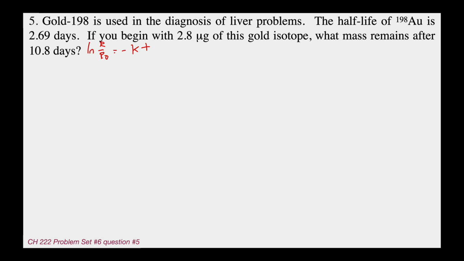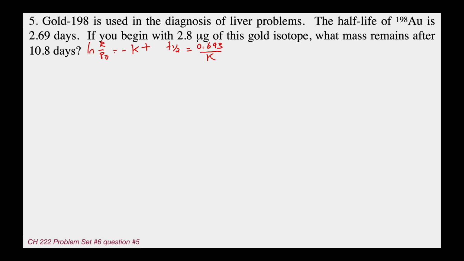So along with the first-order integrated rate law, I highly recommend that you also commit this to memory: half-life t1/2 = 0.693/k. This equation goes really well with the first-order integrated rate law, and it's something we talked about in lecture.